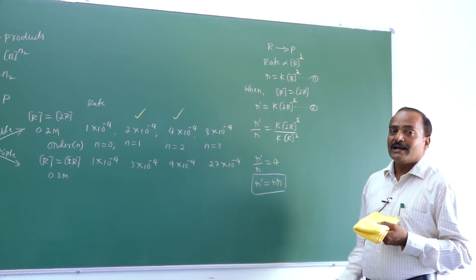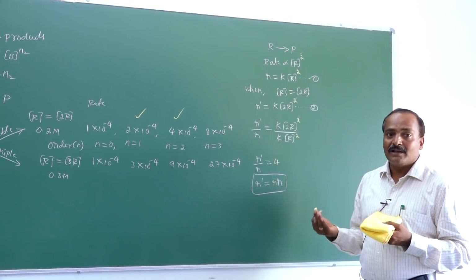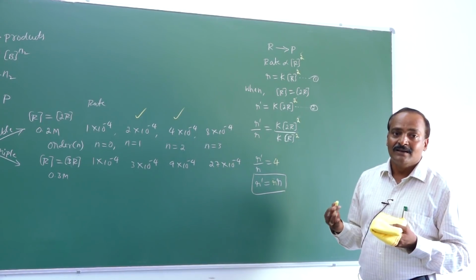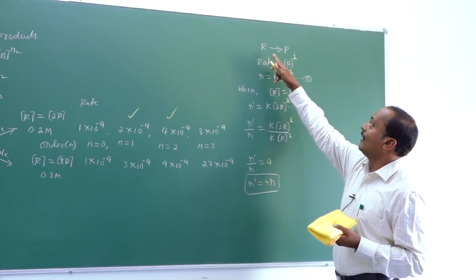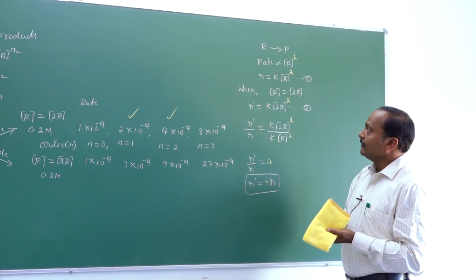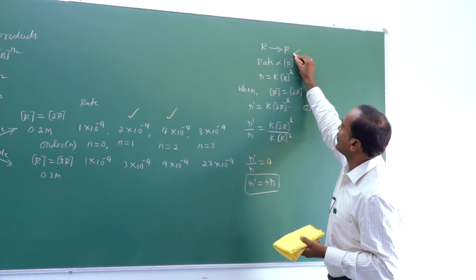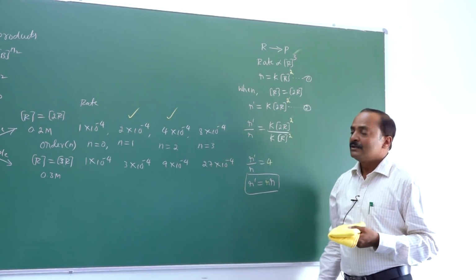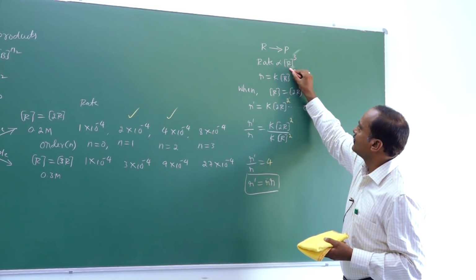In a third order reaction, when the concentration of the reactant is doubled, the rate increases by a factor of 8. Consider a third order reaction. R gives rise to P, then rate proportional to R power 3. Rate is equal to K into R power 3.